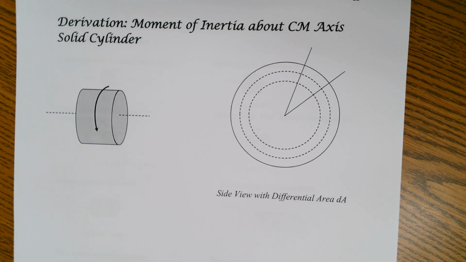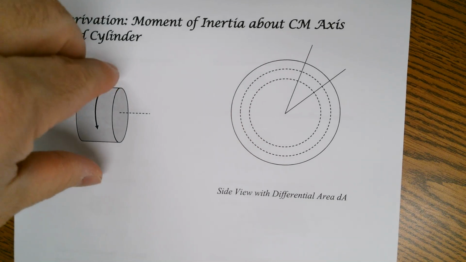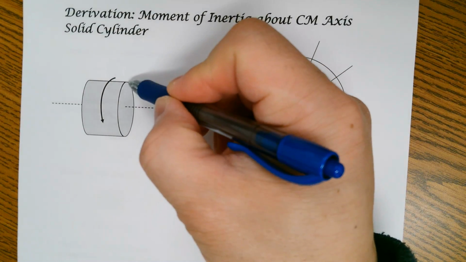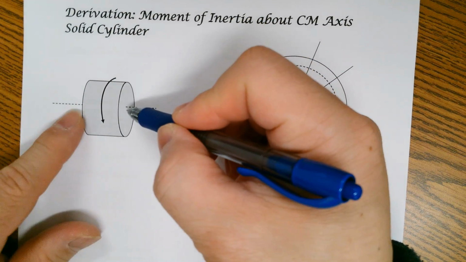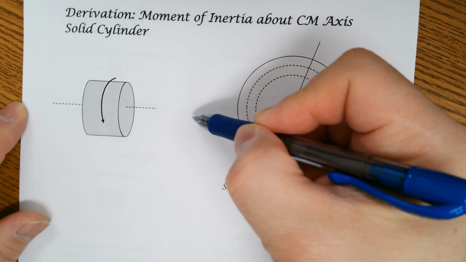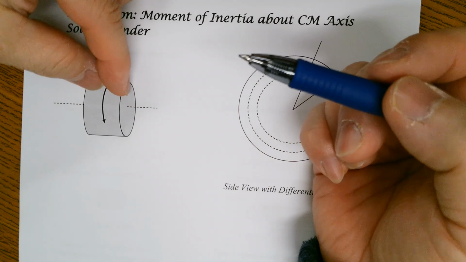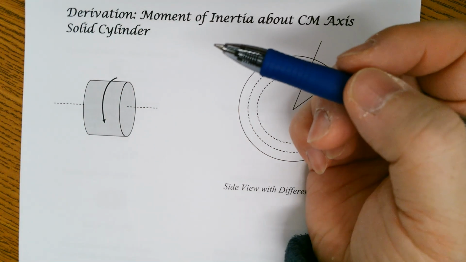The solid cylinder is a disk with this much thickness. So this is the radius, and then this is the axis going through the center of mass, and it is thick.